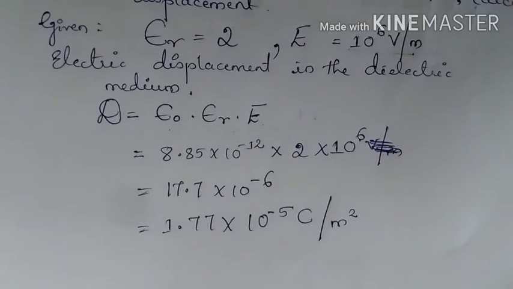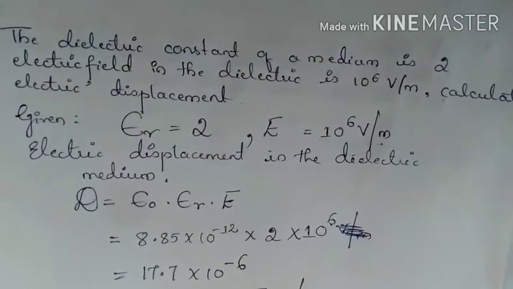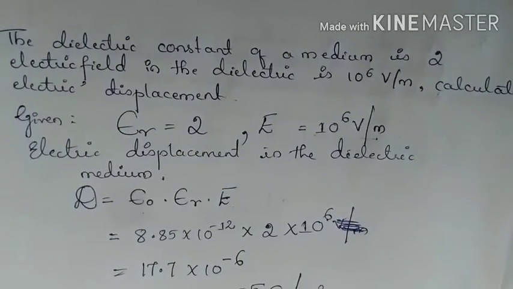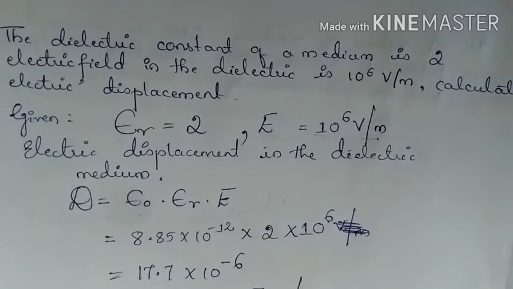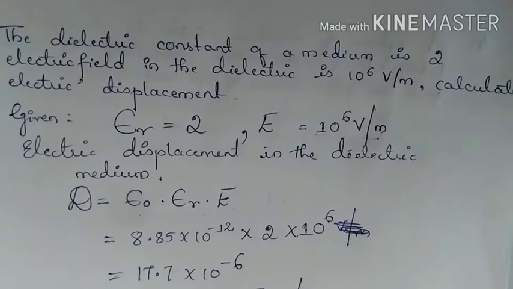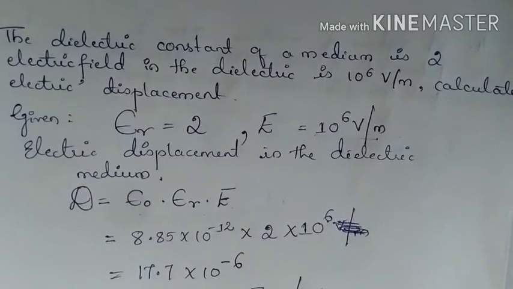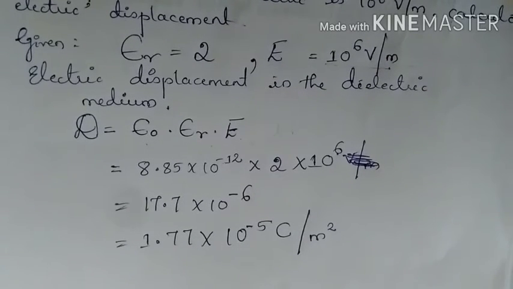So this is for the unit, and the solution for this question is again simple and direct. Here also you need to know the expression for the electric displacement. So D is equals to epsilon naught into epsilon R into E. If you multiply the values which are given in the question, epsilon naught is a constant, so you should know this value.